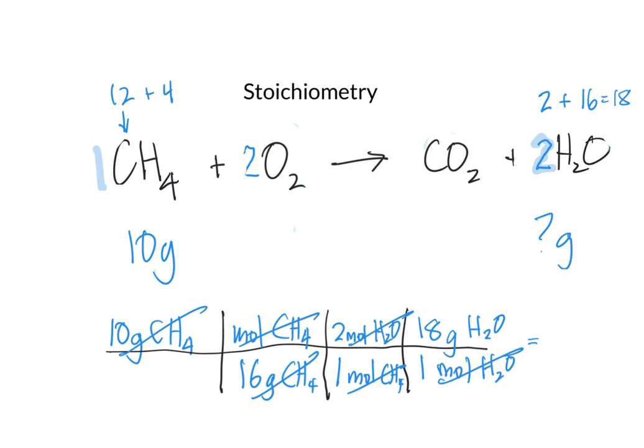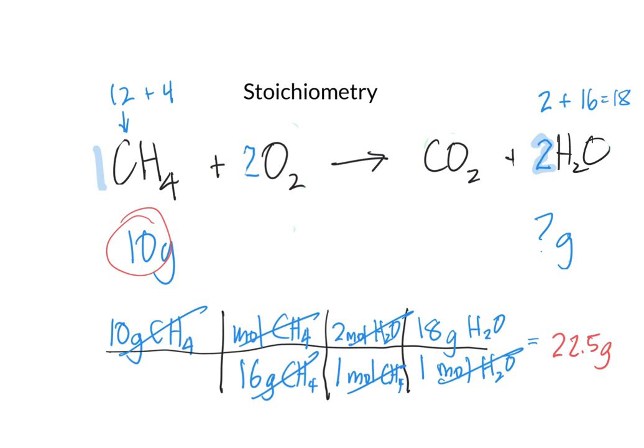So what I have to do now is just some number crunching. So I'll get my calculator. My calculator tells me it is 22.5 grams of water. Since I was only given 2 sig figs, or we'll assume this was 2 sig figs to be unambiguous, I probably should have written it as 1.0 times 10 to the first.